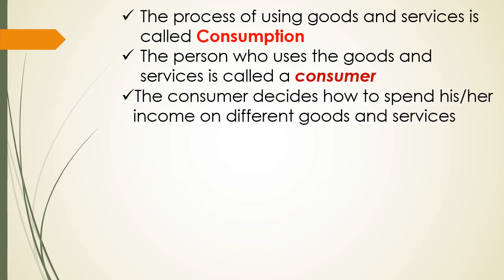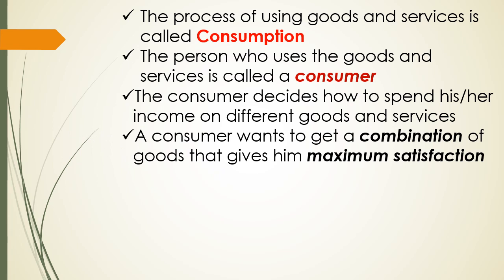We are discussing the rational consumer who has limited income. The consumer decides how to spend his income on different goods and services. A consumer wants to get a combination of goods that gives him maximum satisfaction. The ultimate aim of the consumer is to get maximum satisfaction with his limited income.